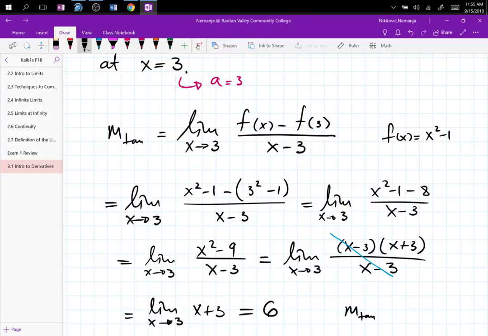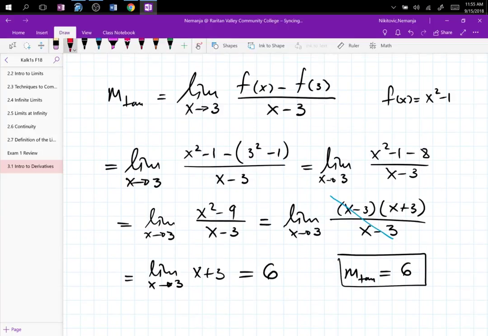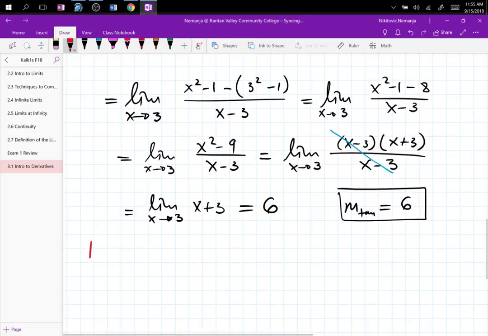Slope of the tangent line at x equals 3 is 6. Now I am going to write this in blood. Mechanics of this calculation are in 2.3.